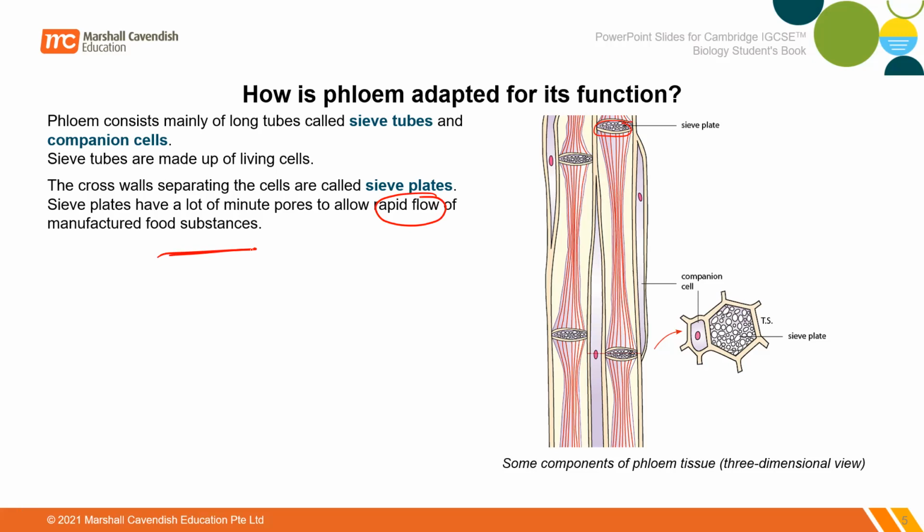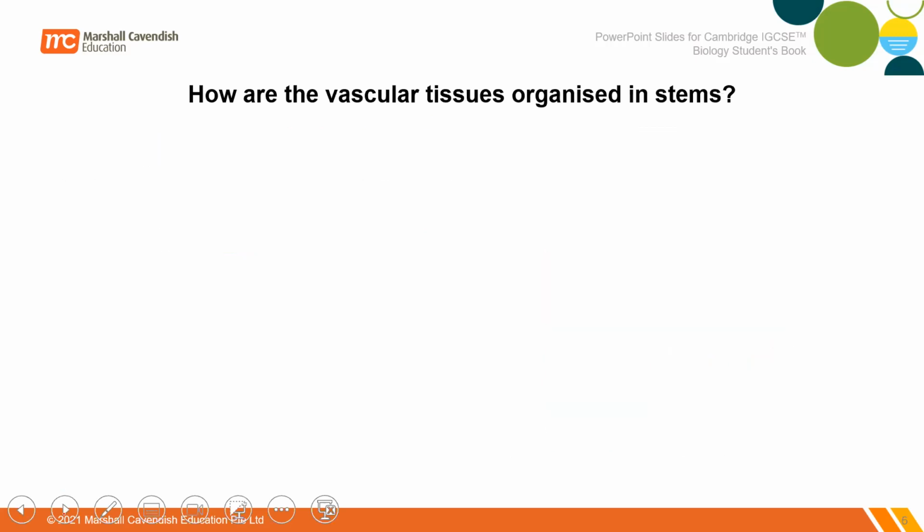So it is very important to know. And if we take the TS or transverse section, you will find the sieve plate and the companion cell. This is a lateral cell attached to the sieve plate cell.